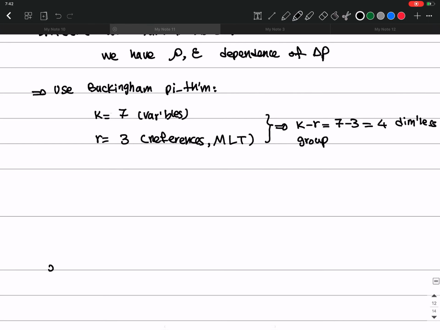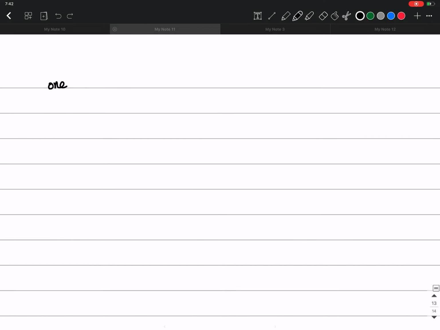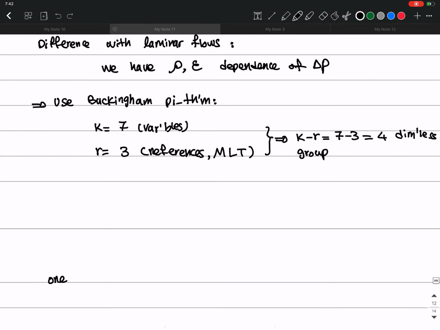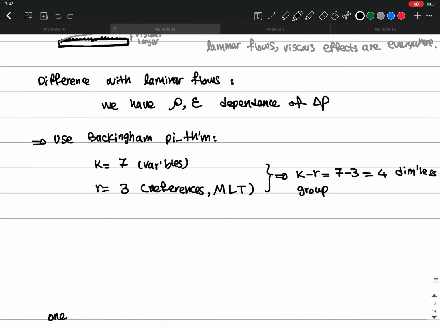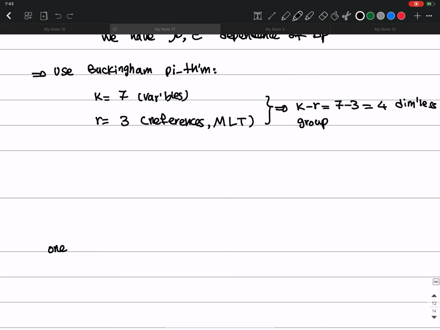So one such parameterization, and you can derive this again. We have derived it for laminar flows, and now we have 2 more parameters, so we have 2 more dimensionless numbers.